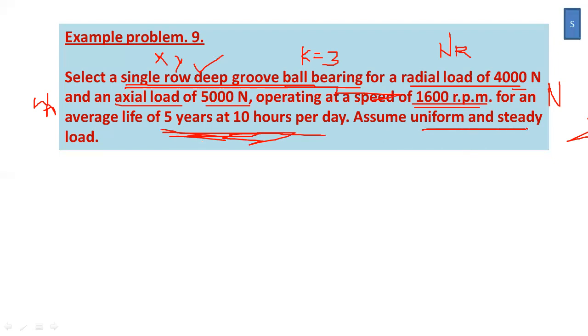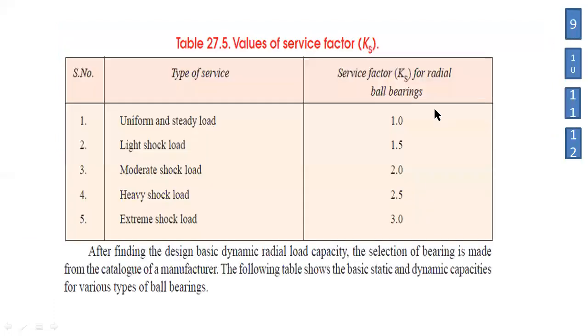Here uniform and steady loads are given. So these are the service factors. We have already discussed these service factors in this session at the time of starting. I will show the service factors for uniform and steady loads.